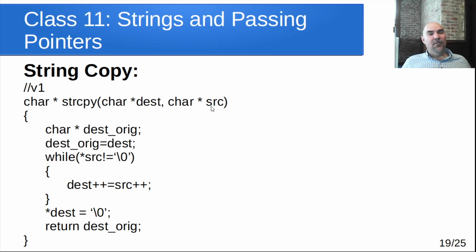So inside of this function, I created a character pointer called destination original, and then I made a copy of the destination into that original thing. And the reason for that is because, remember, at the end, this is supposed to return a pointer to the string that was copied. So I'm going to save that off because I'm going to move destination ahead in memory.